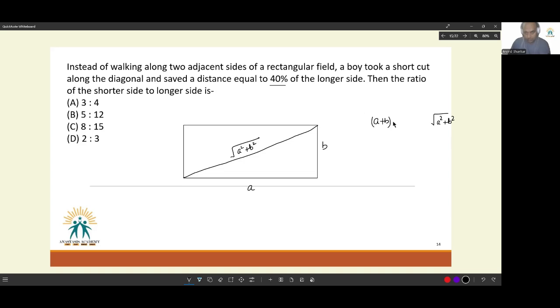So from this distance, he managed to save 2 by 5 of A. This gives me the length of the diagonal. Okay. So let's make this as 3A by 5 plus B is equal to under root A square plus B square.